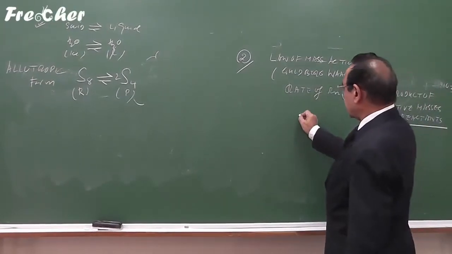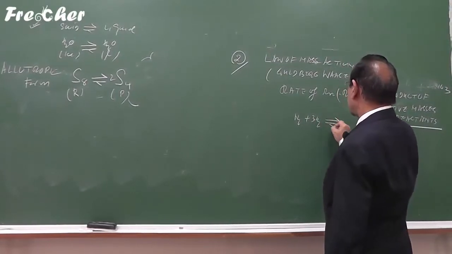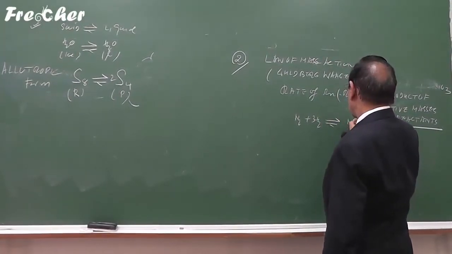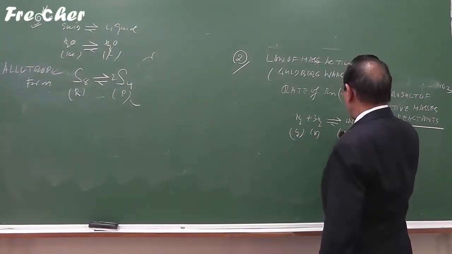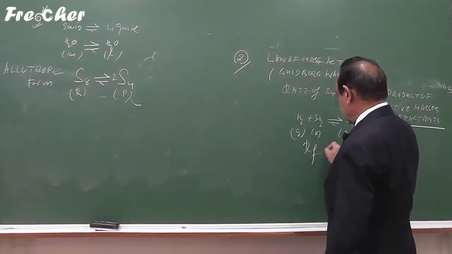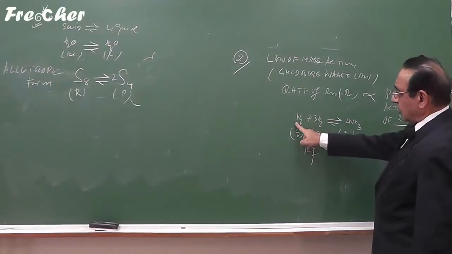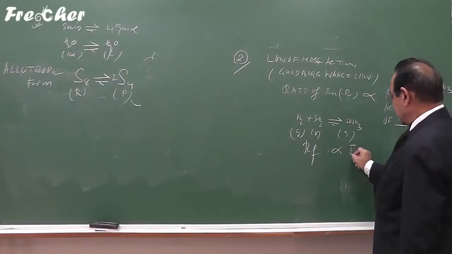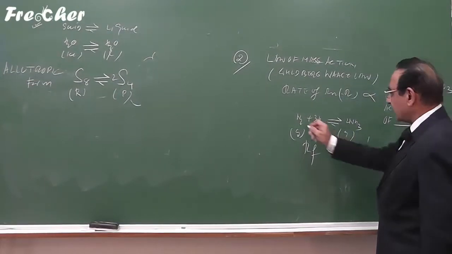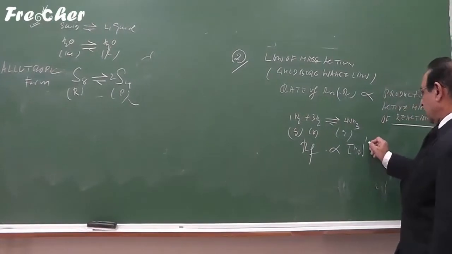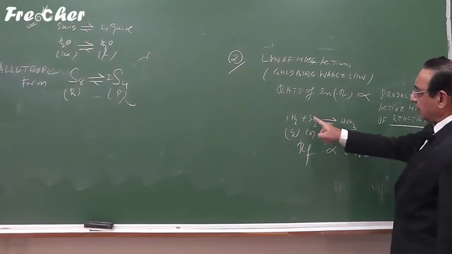So if I give you the reaction N2 plus 3H2 reversibly 2NH3 in gas phase, I can write the rate of forward reaction, F for forward, directly proportional to the reactant nitrogen, power 1 because the coefficient is 1, H2 power 3 because the coefficient is 3.